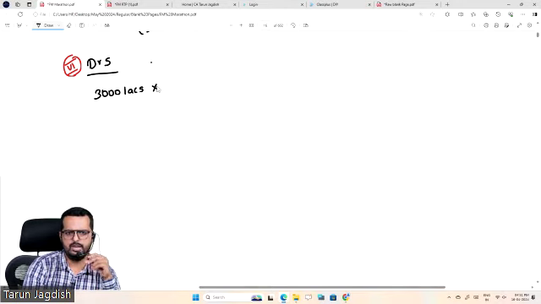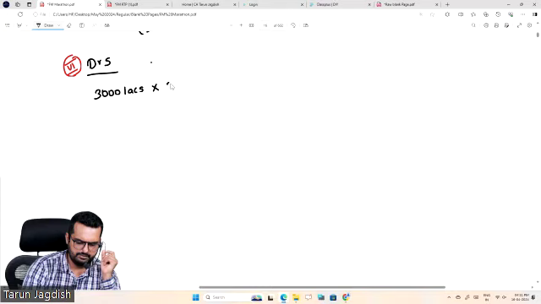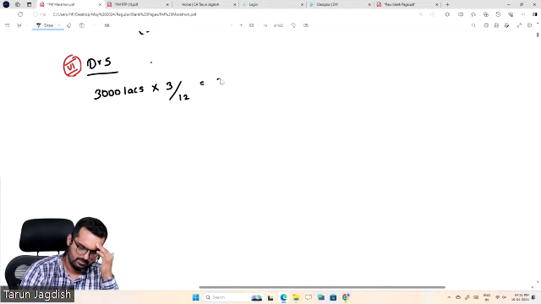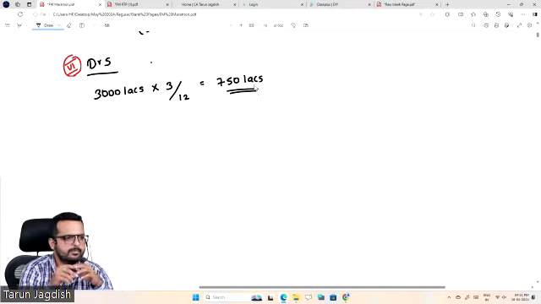Of this 3000 lakhs, how much is the percentage of debt? 3 months credit? 3 by 12. So once you do like this, what is the value of debtors that you get over here? Do you get the answer as 750 lakhs? Please write down. This question only step by step solving is the best method, friends.